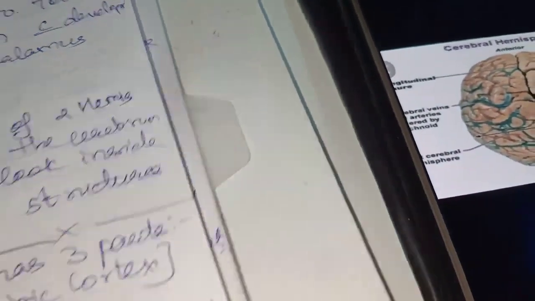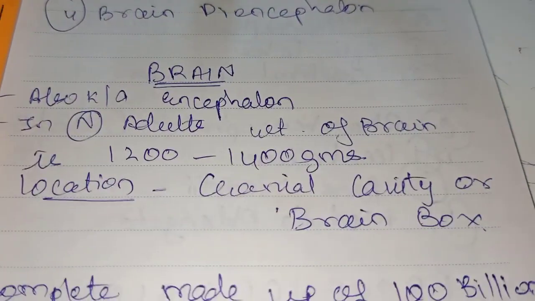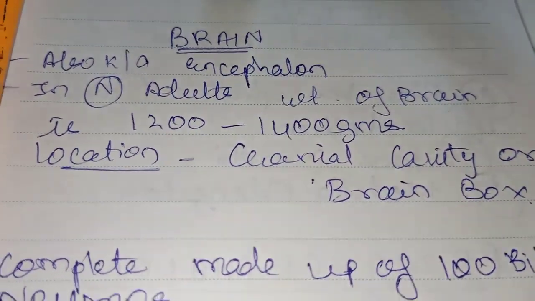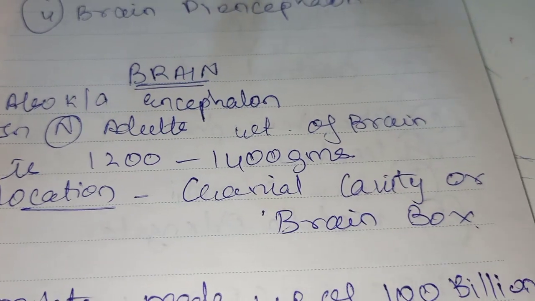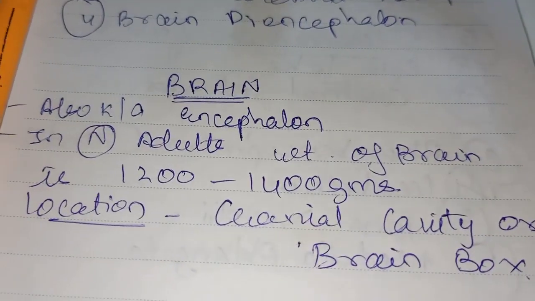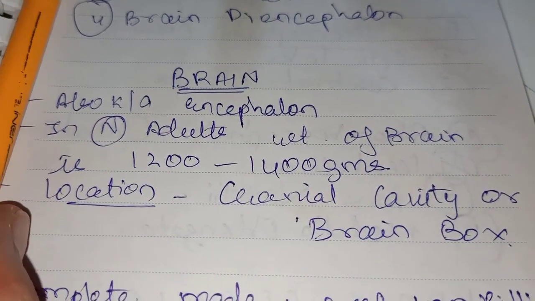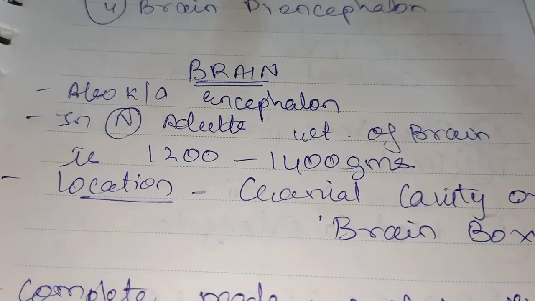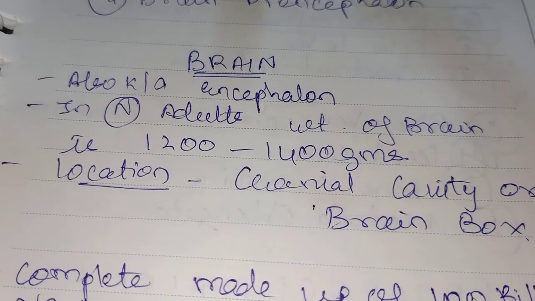Now, the brain is also known as encephalon.